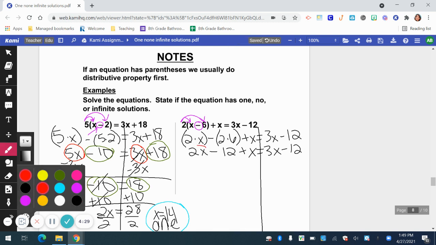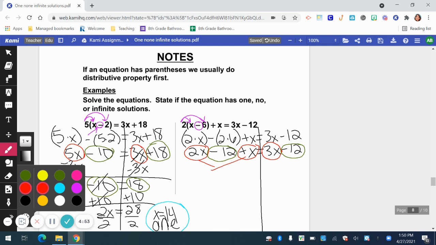So let's find and combine like terms. My coefficients and variables, I'm circling in red, and my integers, or numbers, I'm circling with green. Now I'm going to go ahead and combine like terms on the same side.